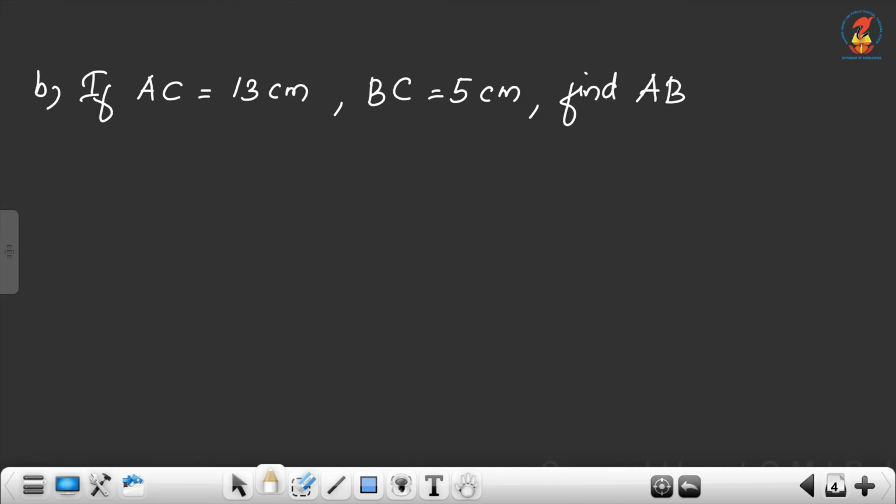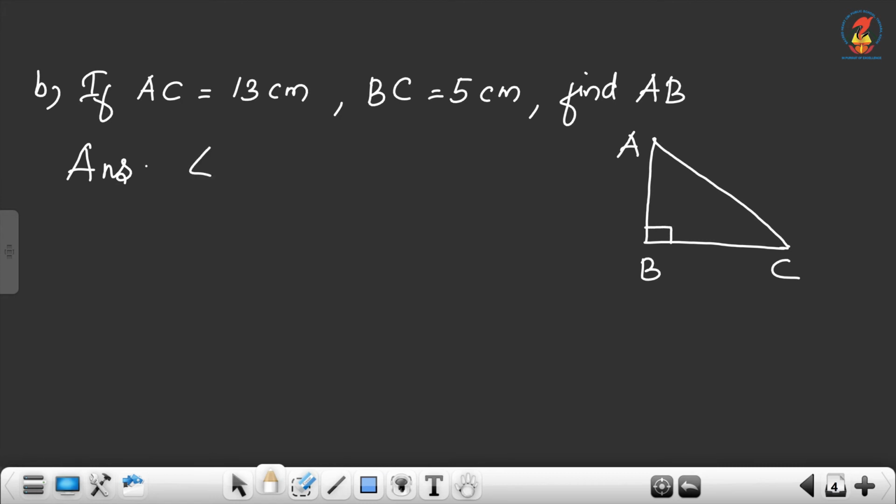Now, one more question. AC equal to 13 centimeters, BC equal to 5 centimeters, find AB. So, here also we have a right angled triangle given. Right angled triangle ABC, right angled at B. So, angle B is equal to 90 degrees.